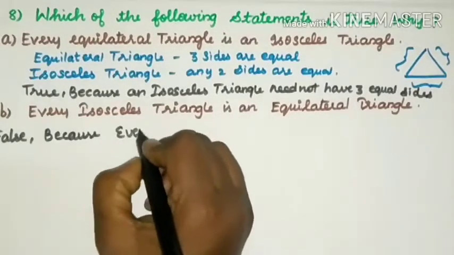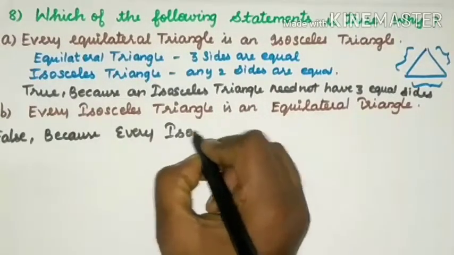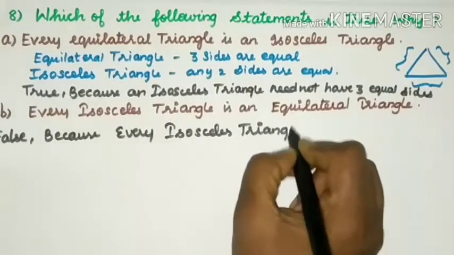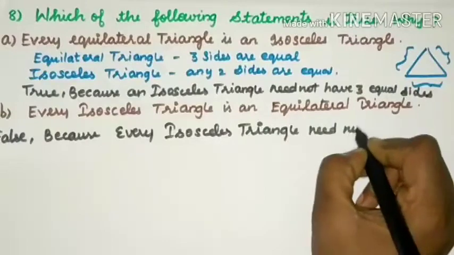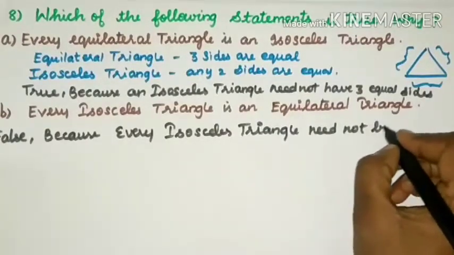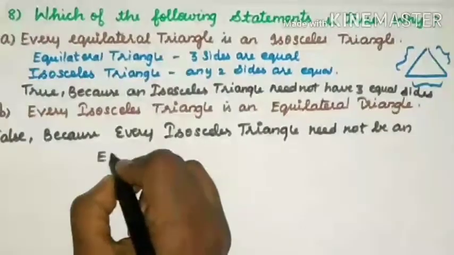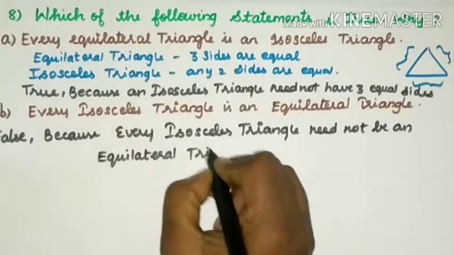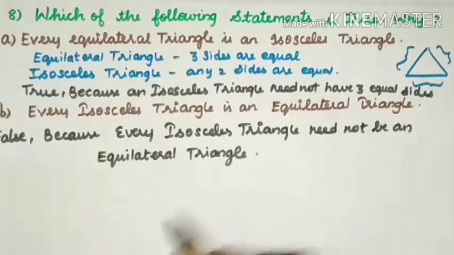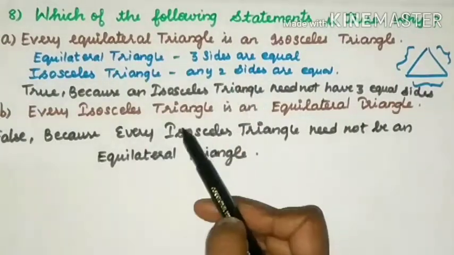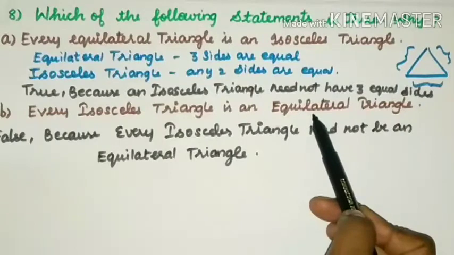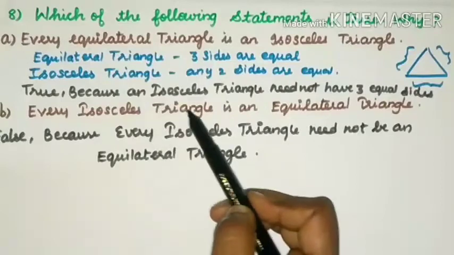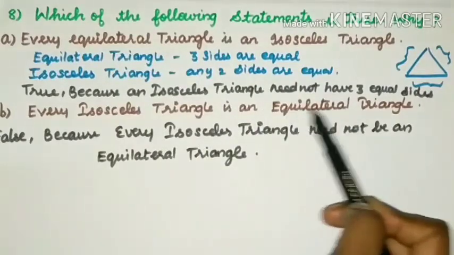Because every isosceles triangle need not be an equilateral triangle. Because isosceles triangle means any two sides are equal. But for equilateral triangle, all the three sides are equal. So, every isosceles triangle need not be an equilateral triangle.